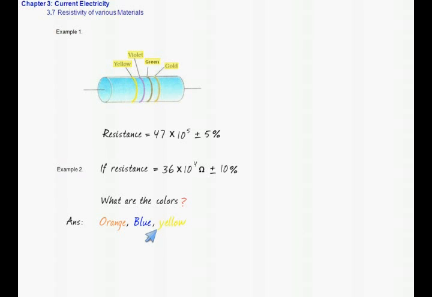And third, 10 to the power 4, this is the multiplier for yellow color. And the last band will be for percentage variation, tolerance. 10% is for silver. The 4th band will be either gold or silver. If there is no color, if there are only 3 bands, then it would mean 20% variation. But here it is 10%, which is for silver.